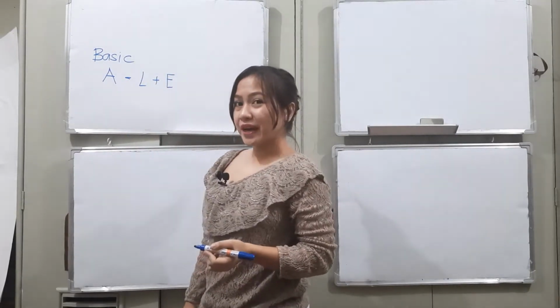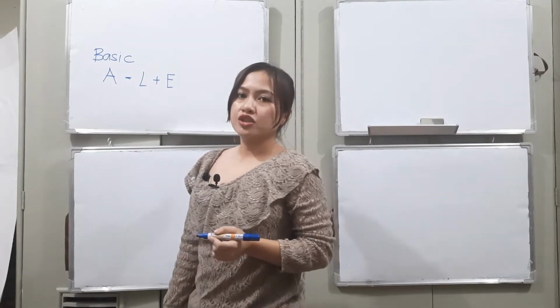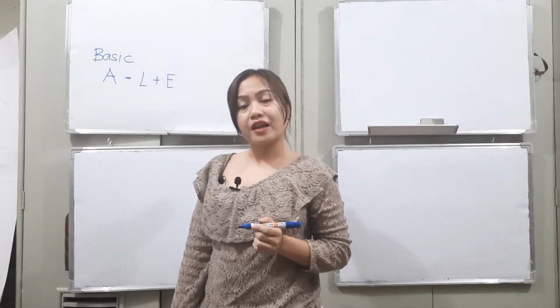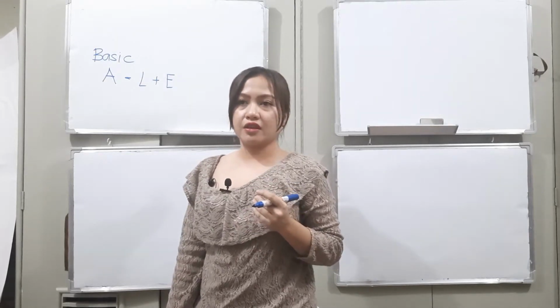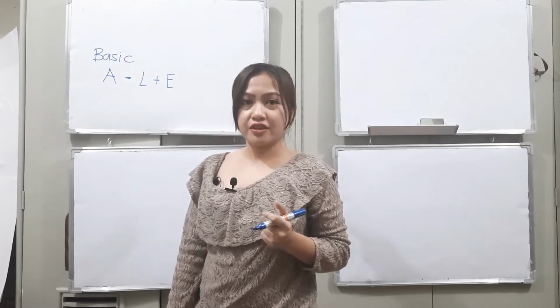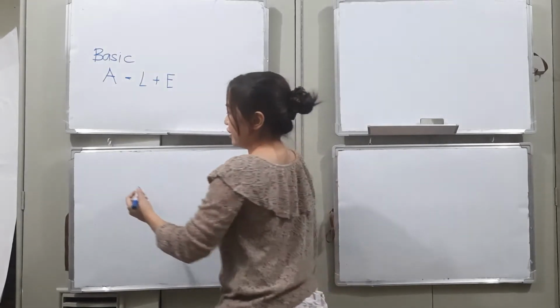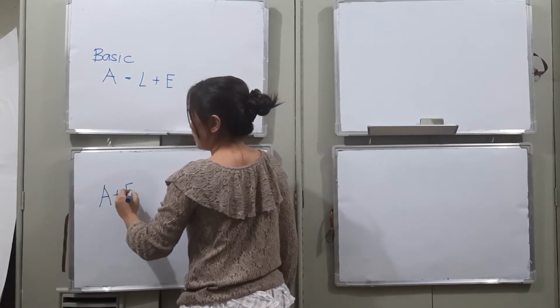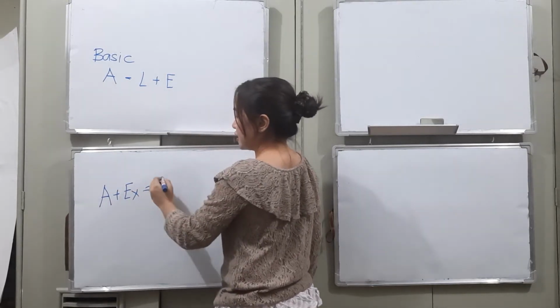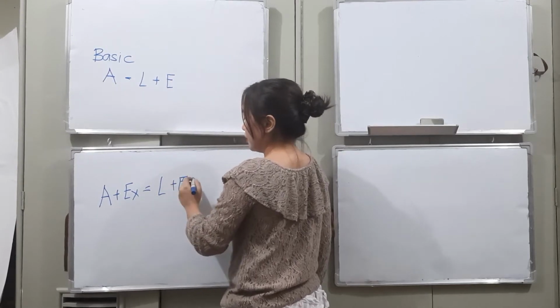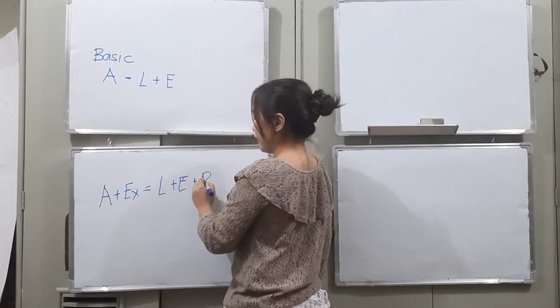For the expanded accounting equation, I have given you the expanded accounting equation where all the categories that I have given you are in positive balances. So that is assets plus expense equals liabilities plus equity plus revenue.